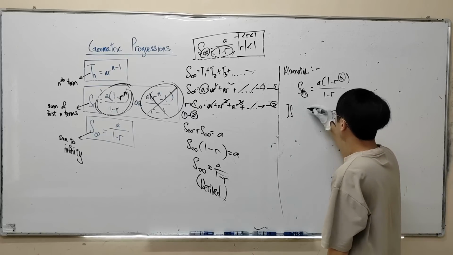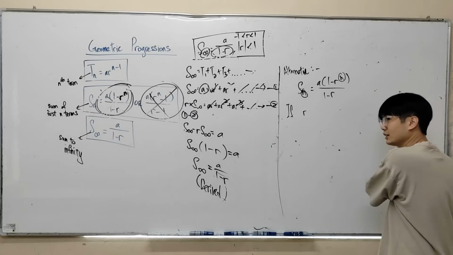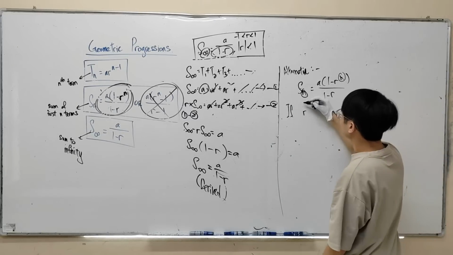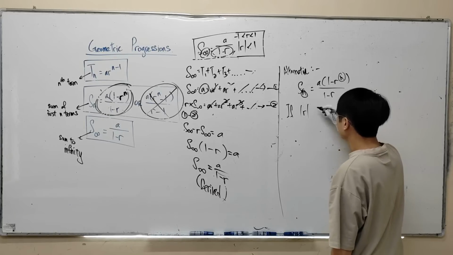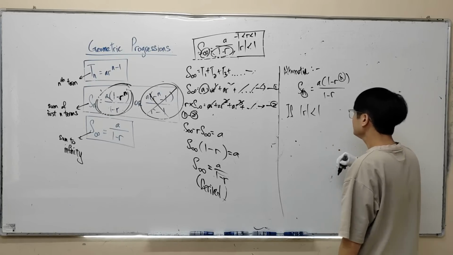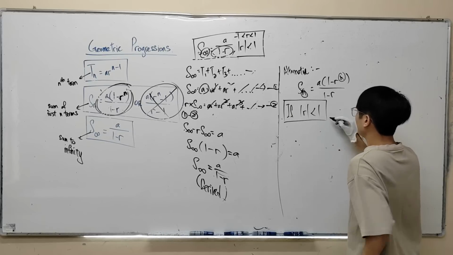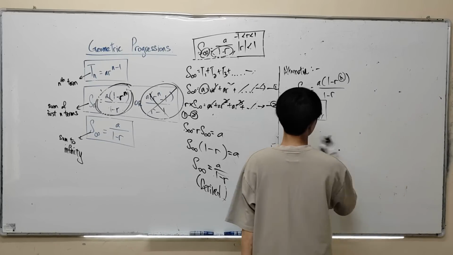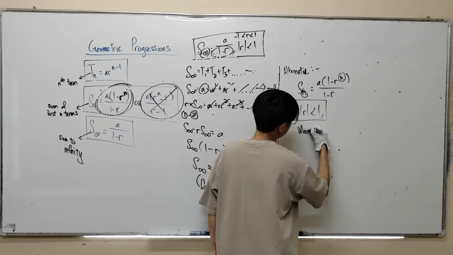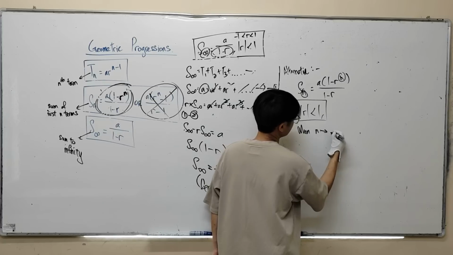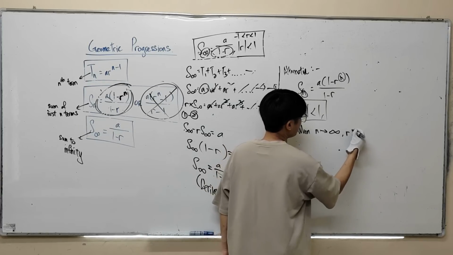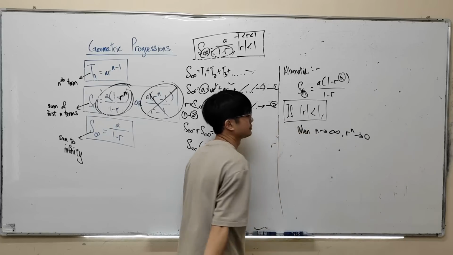If your modulus R is less than 1, what happens? When n approaches infinity, R power n approaches 0.